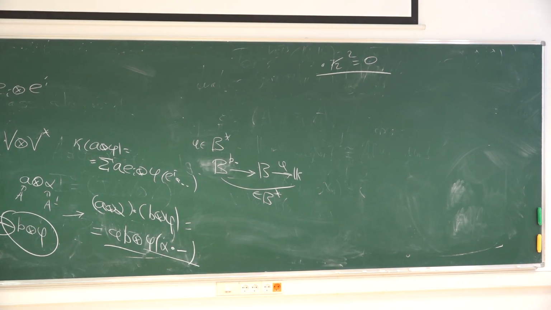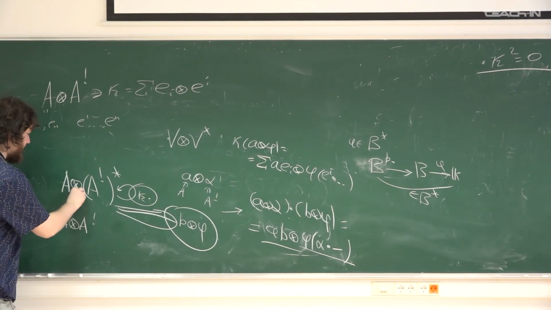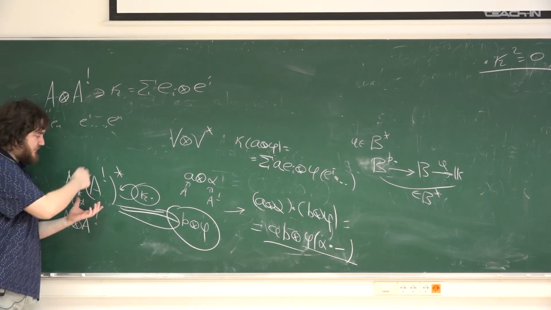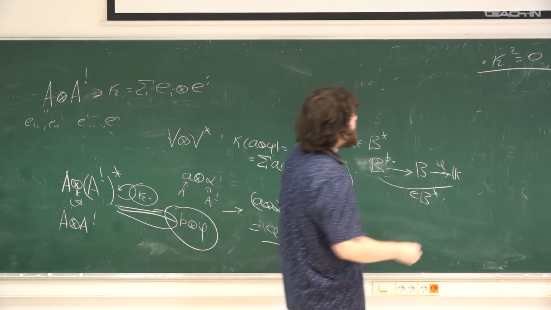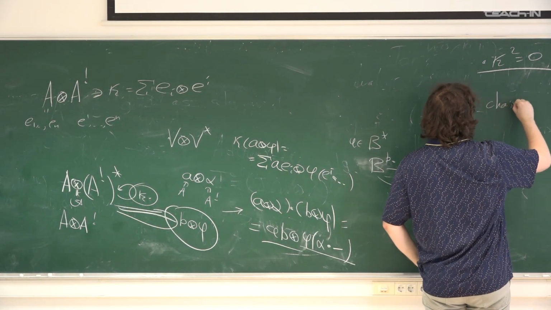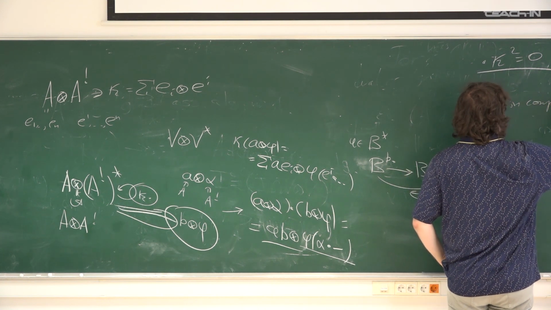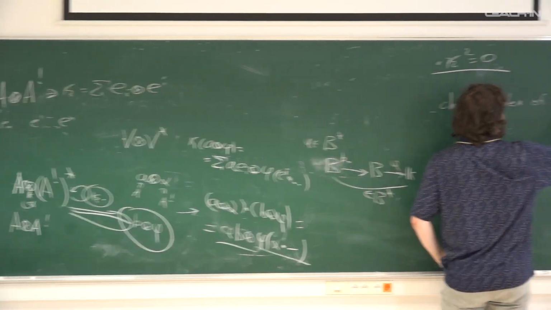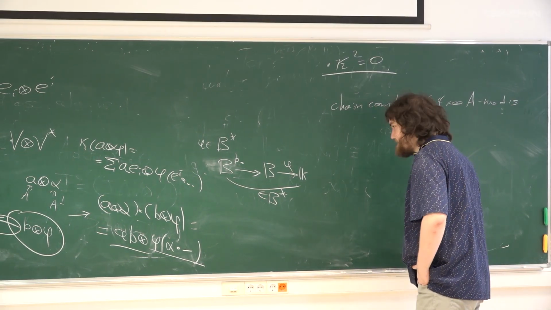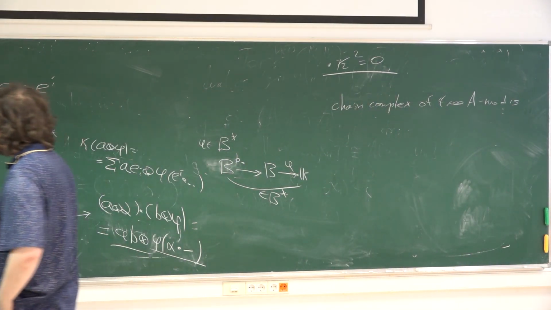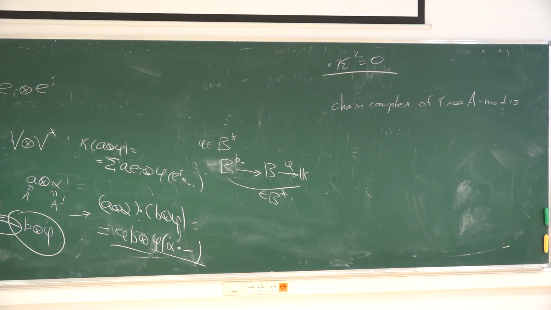So this is a chain complex. A chain complex of what? If K is a field, then this is a vector space, and this is a chain complex of free A modules, for example.